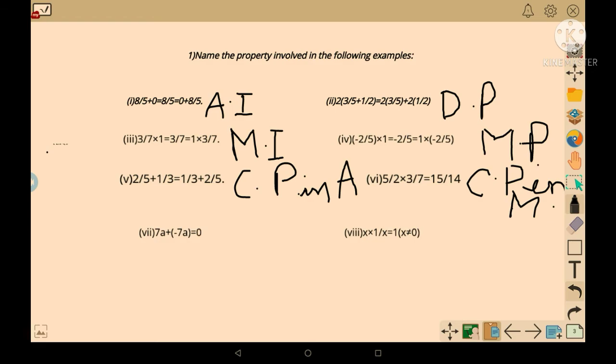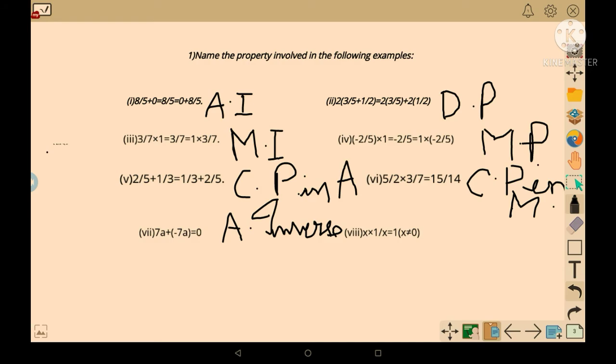The 7th is 7 by a, so this was the additive inverse, right? So I write it: additive inverse. Now the 8th one is x into 1 by x equals 1, where x is not equal to 0.